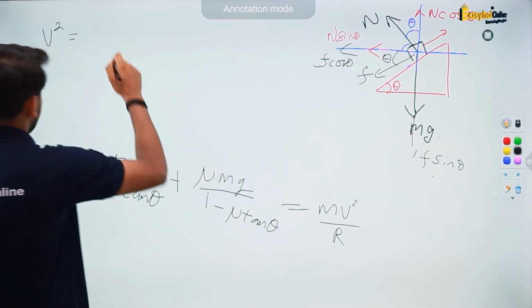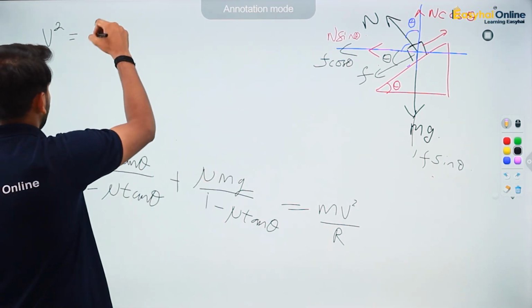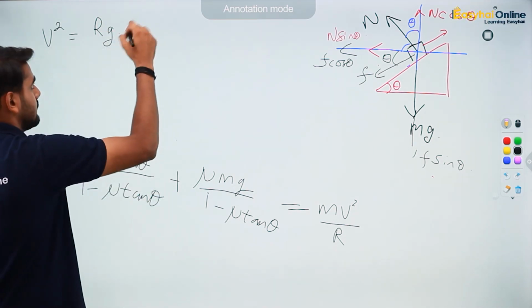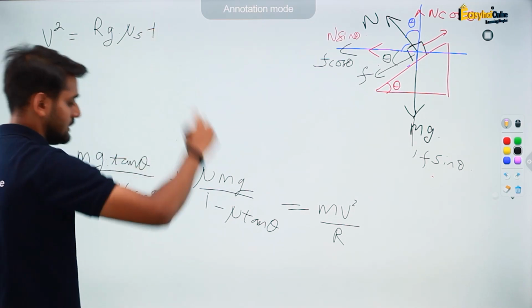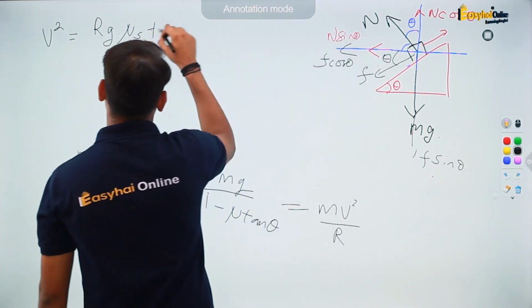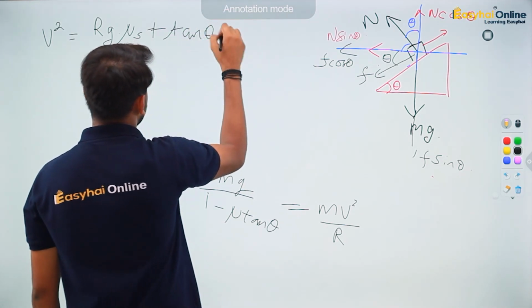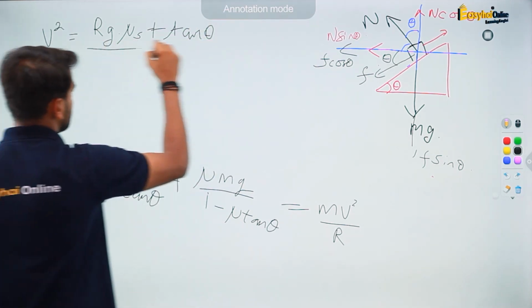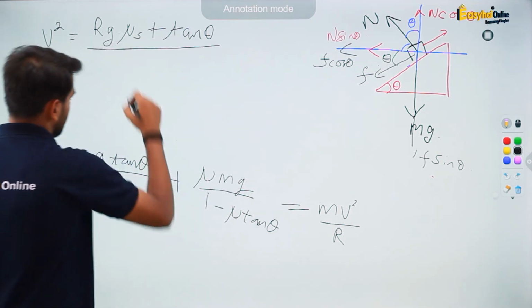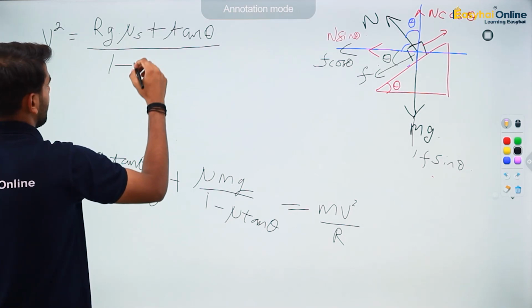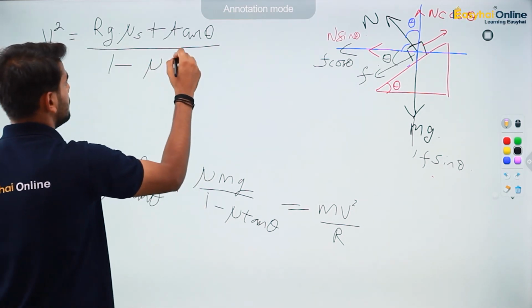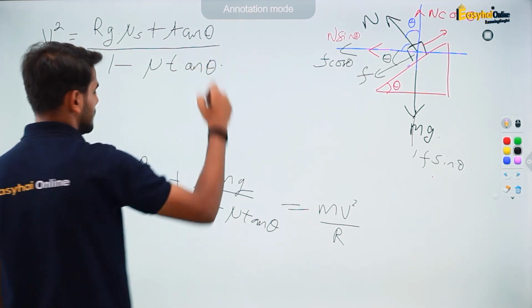So doing that I will have rg times mu s plus tan theta, divided by 1 minus mu tan theta.